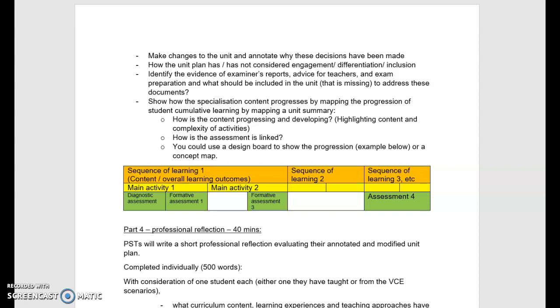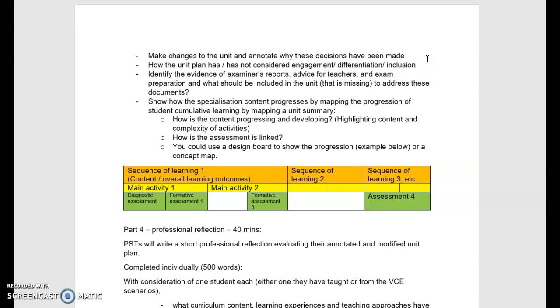And you also need to think about the instructional strategies such as engagement, differentiation, and inclusion. How has the unit plan considered these three instructional strategies, or has it not considered it? And how would you improve it, to improve the engagement of the VCE or VCAL learner, for example?